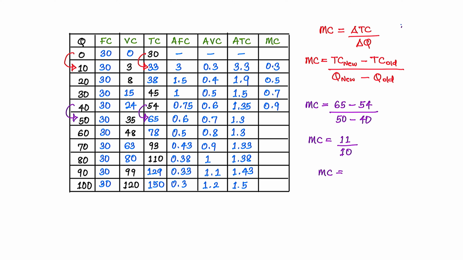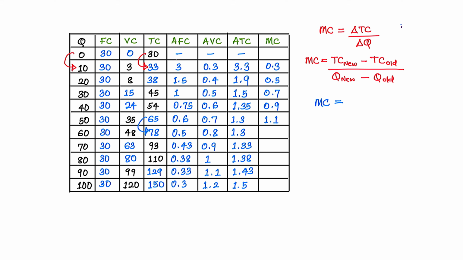Simplifying, the marginal cost equals 11 divided by 10 is 1.1. Incremental cost is 1.1.